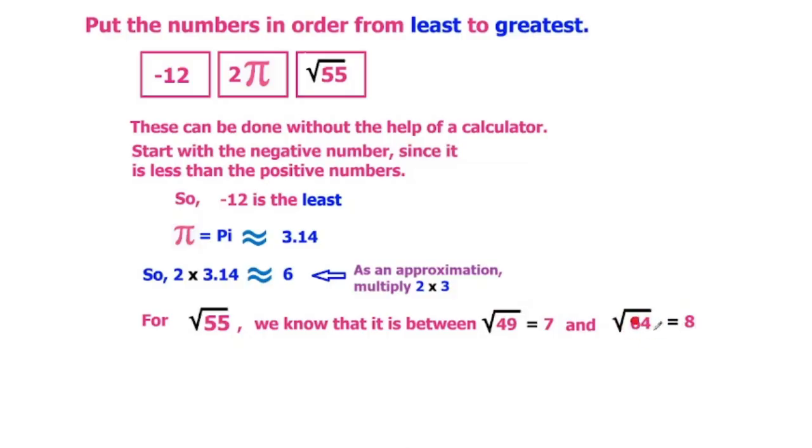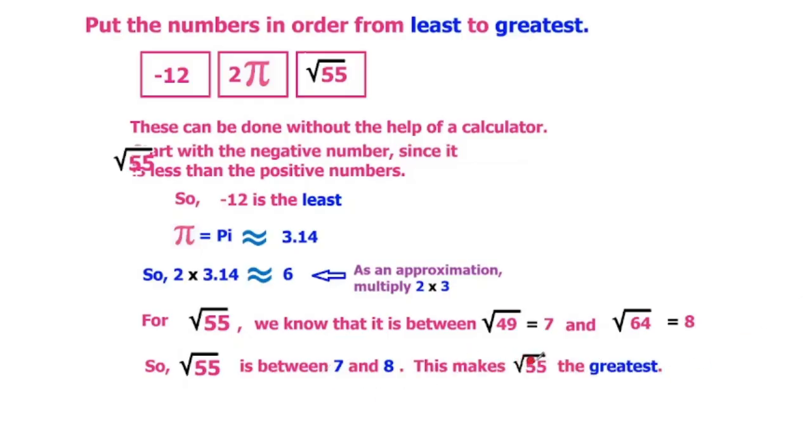So you would have 8 squared under here. So the square and the square root sign would cancel each other out, and you're left with 8. It's a similar situation for here. So the square root of 55 is between 7 and 8.